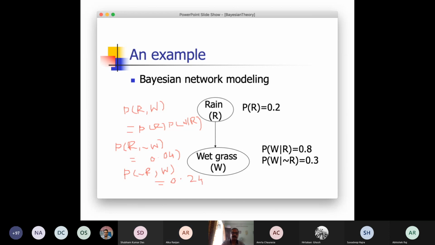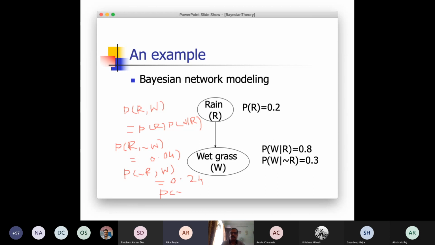It is 0.8 into 0.7, so that would be 0.56.